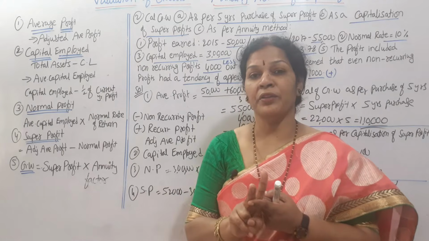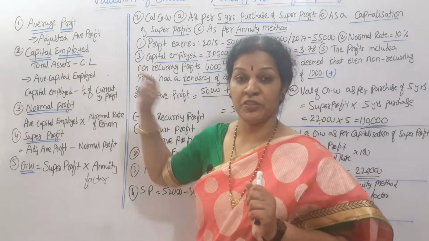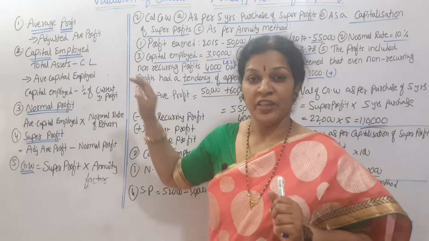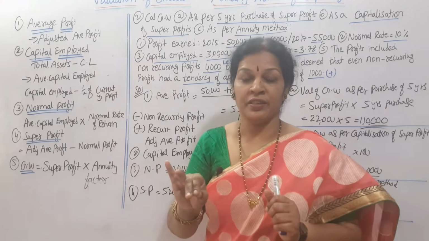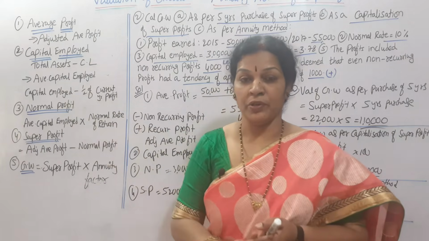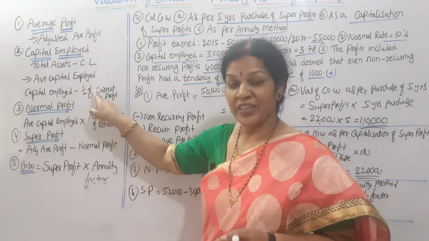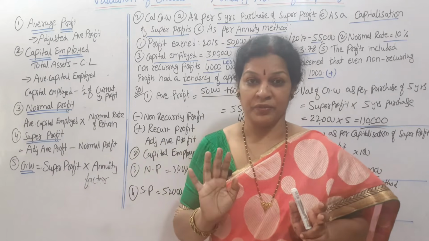If capital employed is not given, we have to calculate it as total assets minus current liabilities. If you are calculating, then you have to go for the average capital employed also. How do you get average capital employed? Capital employed minus half of the current year's profit.